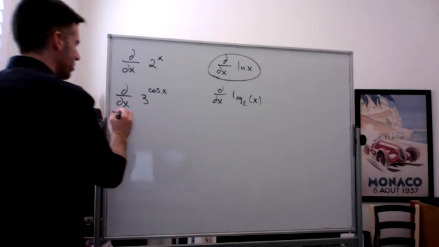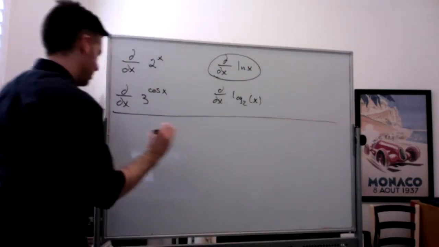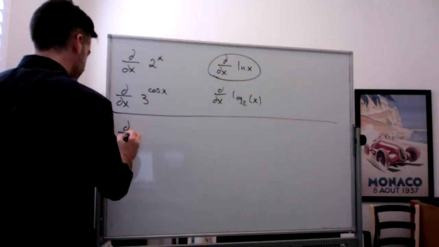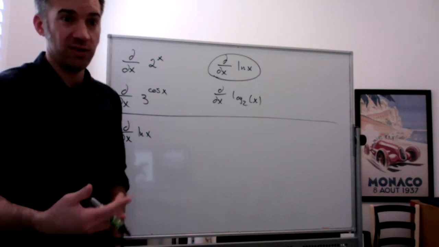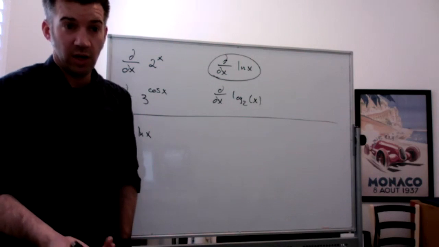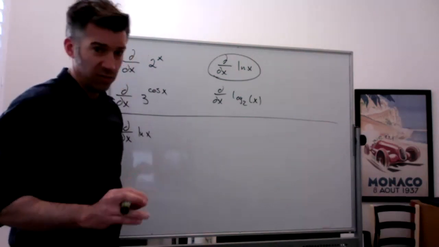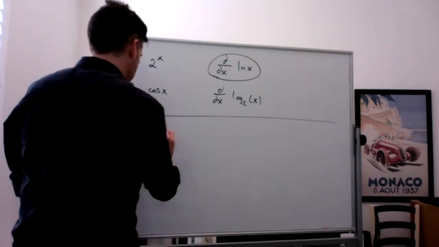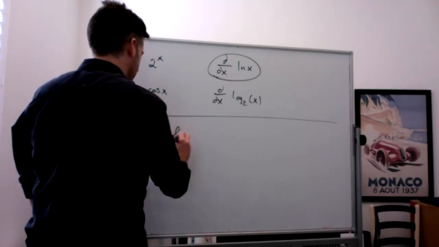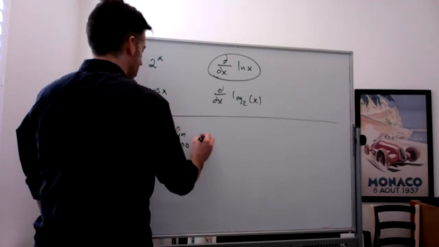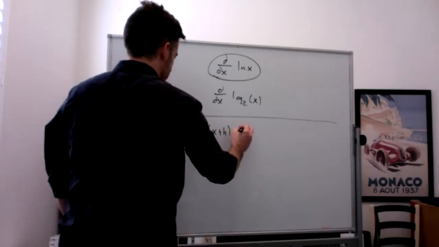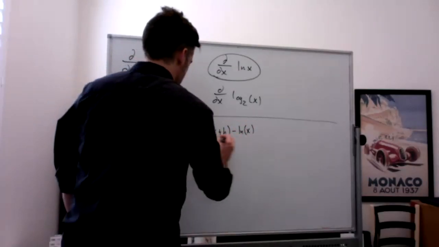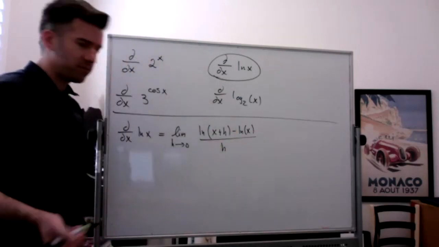So how do we differentiate the natural log of x? Well, it is possible to do it with the limit definition of the derivative. We're not going to do it, but I can show you the beginning of it. You can write the limit as h goes to 0 of the natural log of x plus h minus the natural log of x all over h.